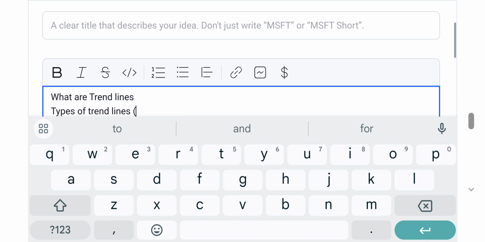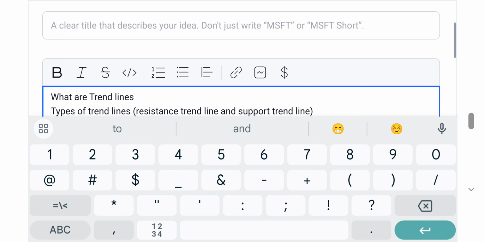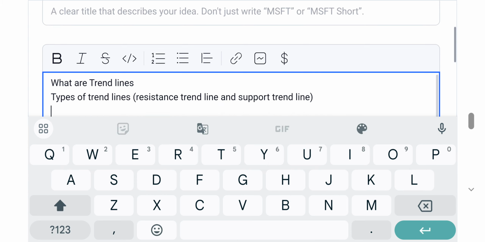Amongst these two, we also have what we call inner trend lines and outer trend lines. So let me include it here. Let us make it as a sub. You can always screenshot this so that you can do further analysis or further research on it.